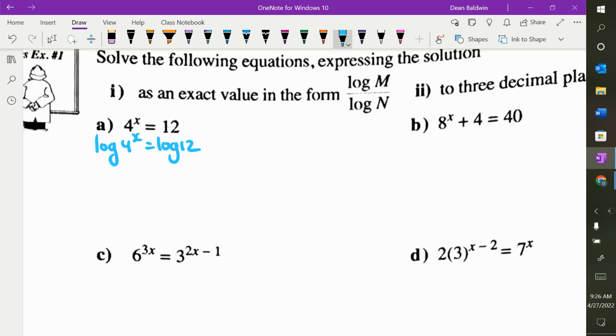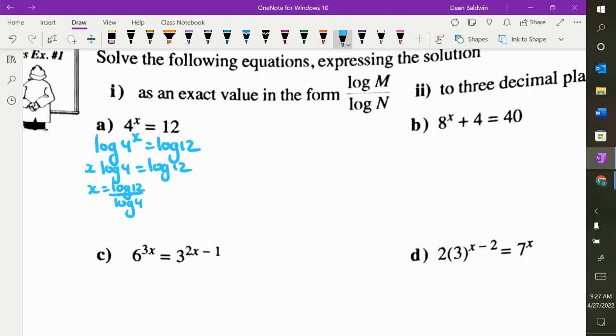Drop the exponent down. Next step. Divide off log 4. That is your exact solution, log 12 divided by log 4.